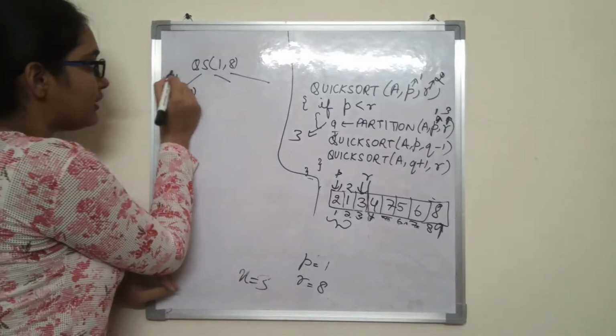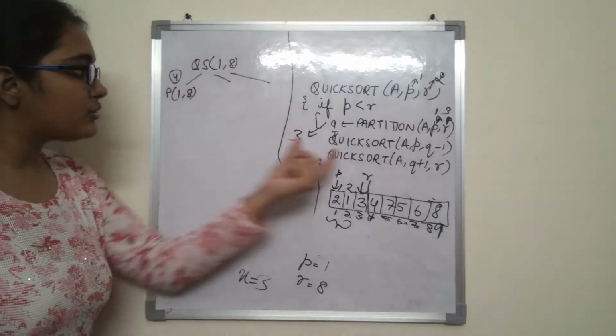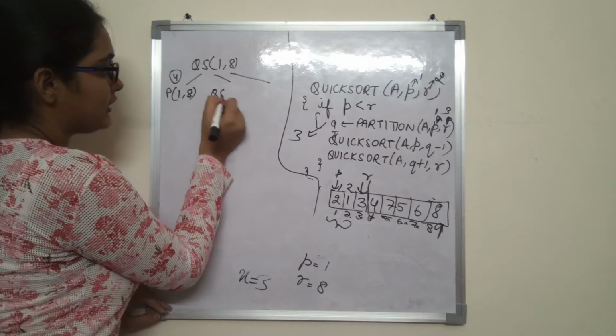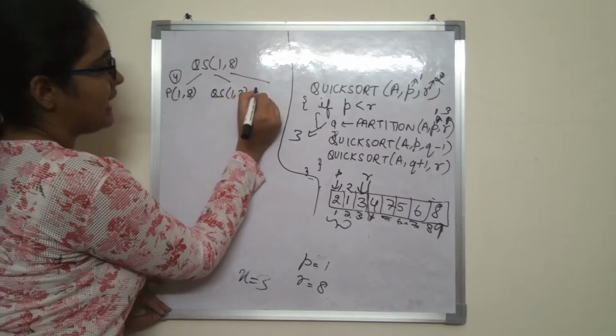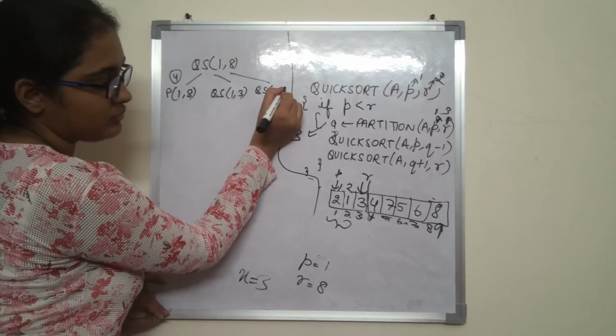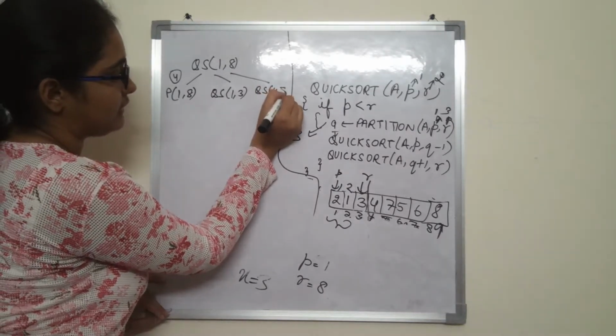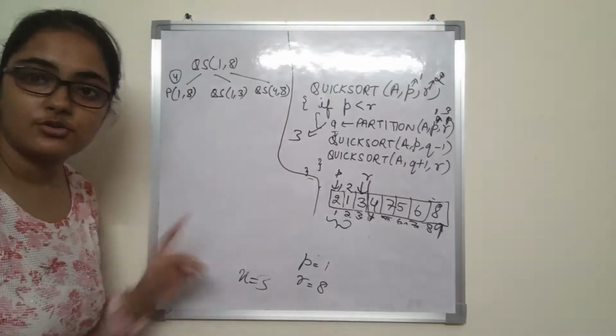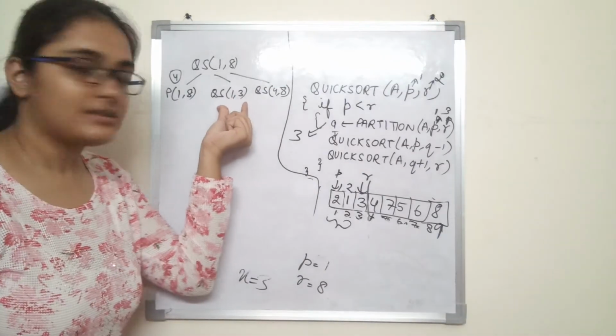It returned 4, and because it returned 4, what we did, we called quicksort from 1 to 3, and then we have to call quicksort from 4 to 8, right? We have to call these two. So we already saw the result of this one.